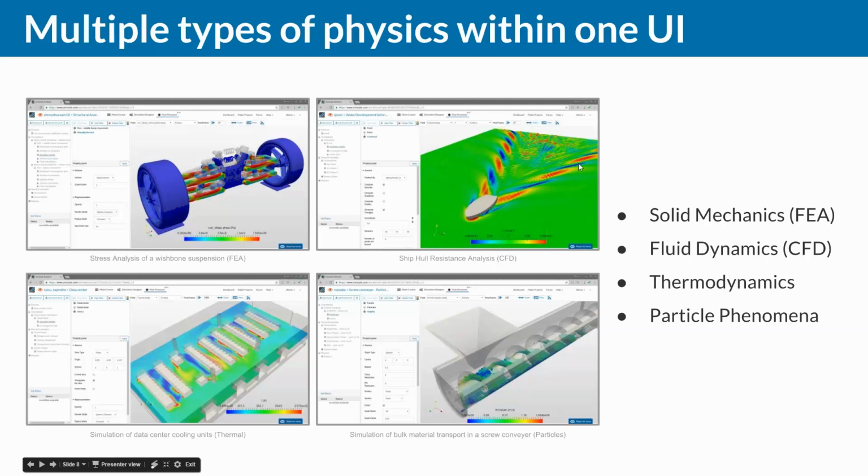Besides solid mechanics, you can also simulate different types of physics with SimScale. You have fluid dynamics, where everything that is associated with any flow phenomena can be analyzed, thermodynamics, and also particle analysis.